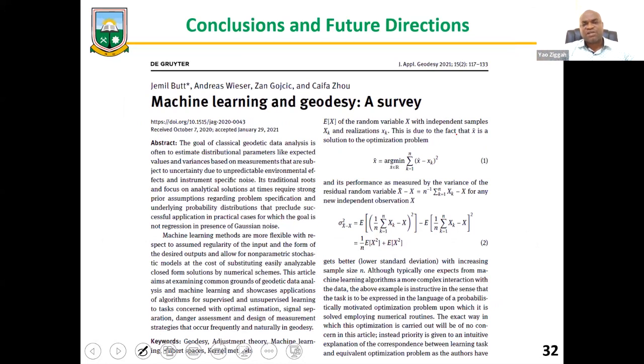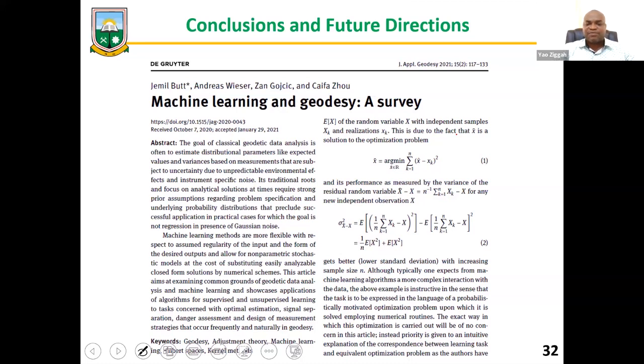Now, conclusions. There is a paper that was written in 2021 by a group of professors and doctors who work in Germany, and they were looking at machine learning and geodesy, a survey.